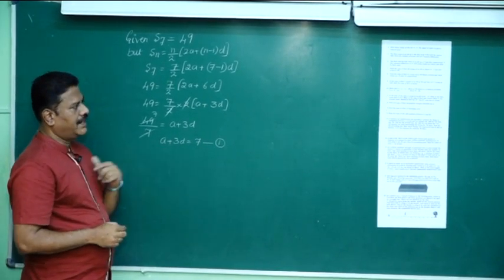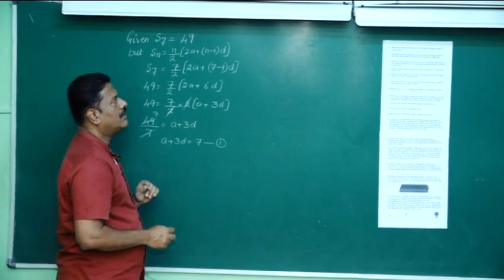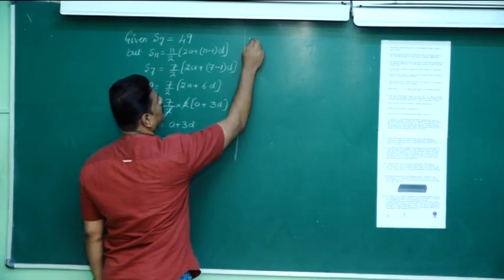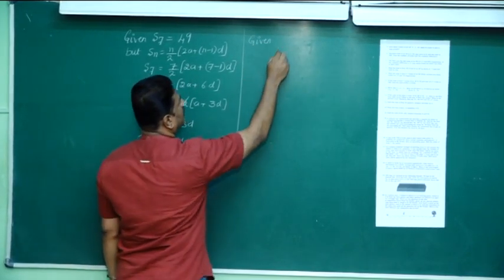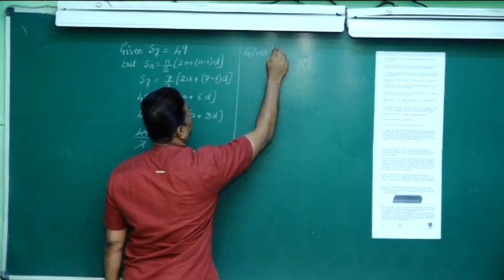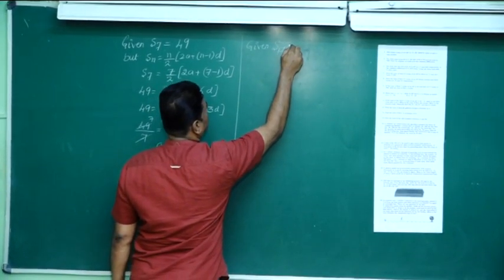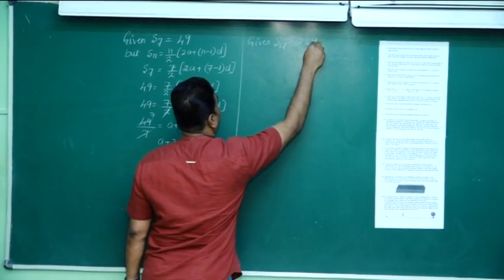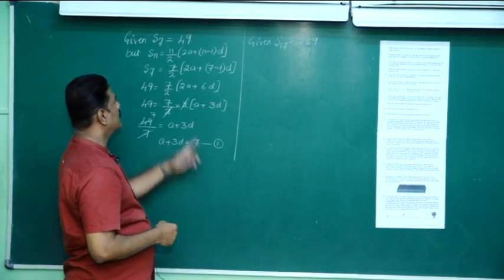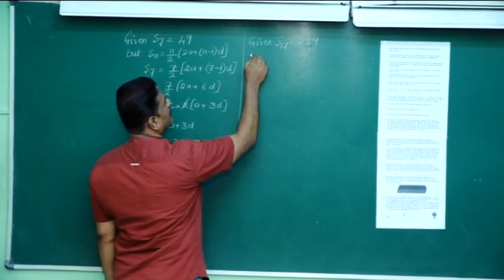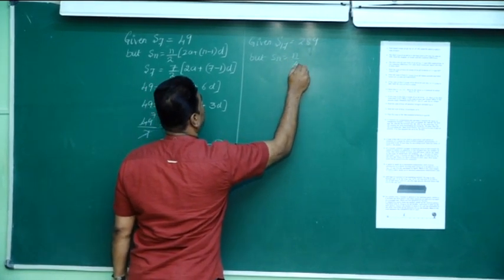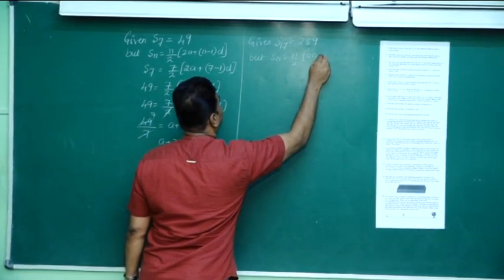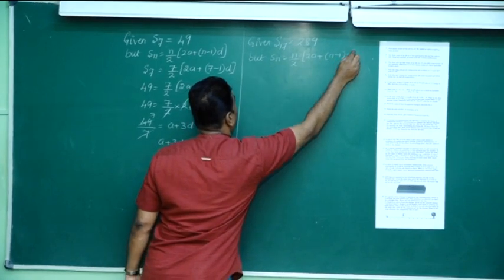Go to the second data now. What is the second data given? It is given sum to 17 terms. S17 is equal to 289. Once again, you take the same formula. Sn is equal to n by 2 into 2a plus n minus 1 into d.